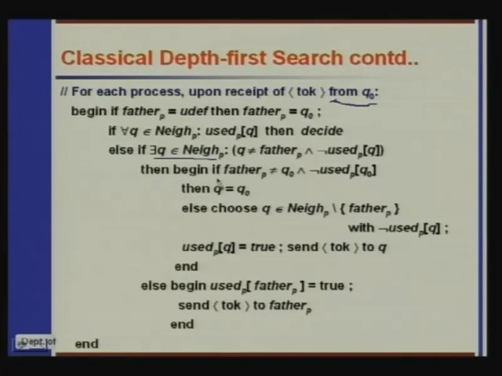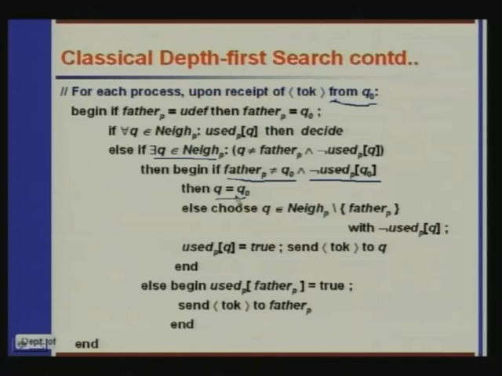So, if father P is not equal to Q0 and not used PQ0, then we will send the token to Q0. So, we will choose Q equal to Q0 and then somewhere down here we will send this token to Q.